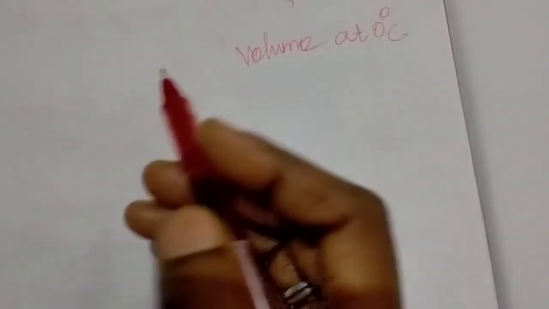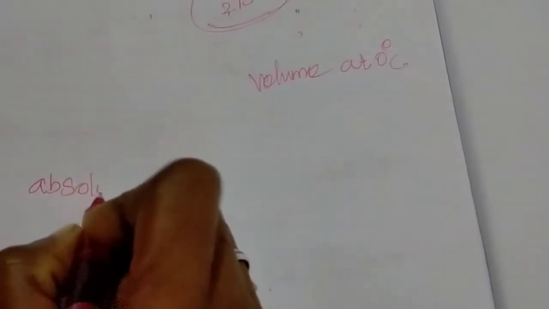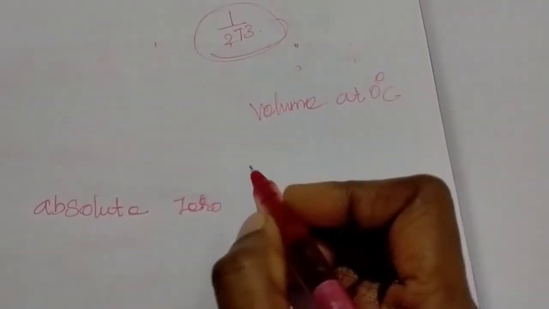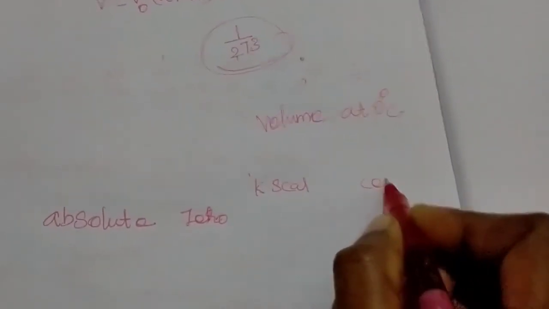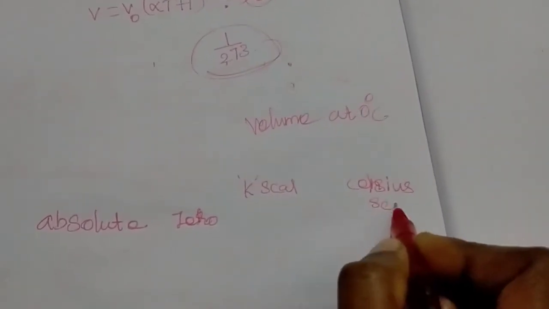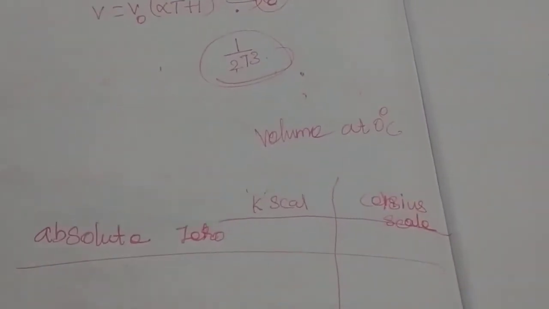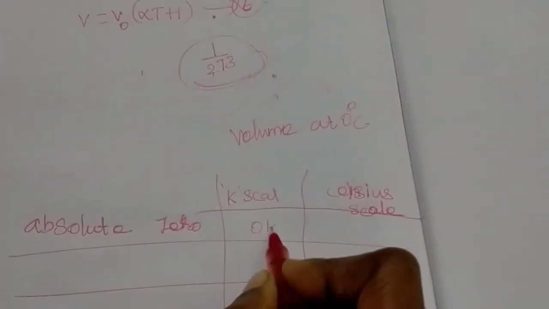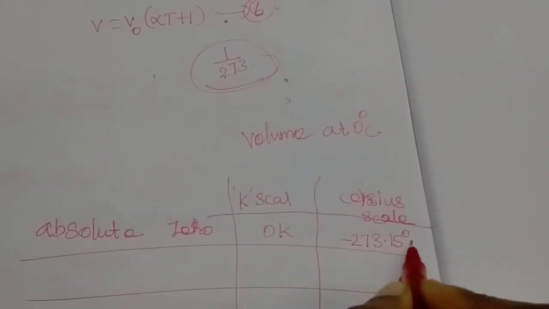Absolute zero, Kelvin scale and Celsius scale. For absolute zero, it is 0 Kelvin, and here it is minus 273.15 degrees Celsius.